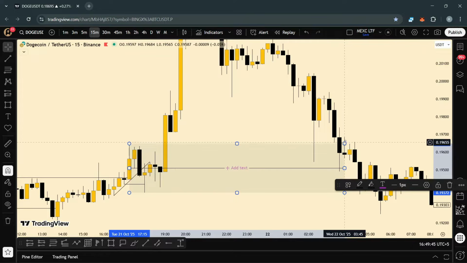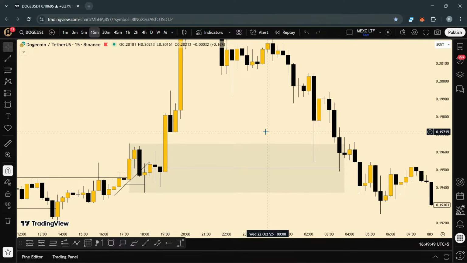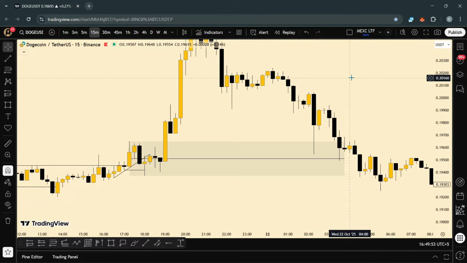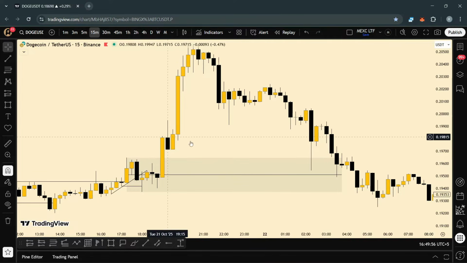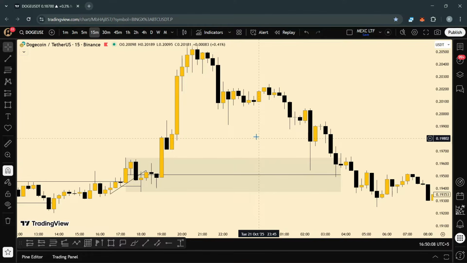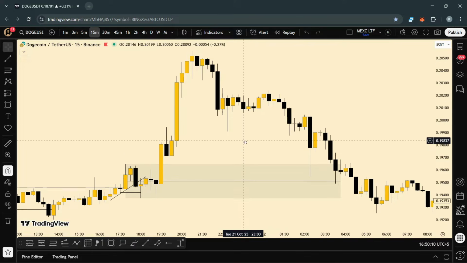Price taps, once it goes up, we get a new 1-to-1. I'm just doing it right in front of you guys, and I'm not cherry picking any trades. If I see one, I'll draw the zone so that you guys can see and understand the thought process behind my trading, and hopefully you guys can also replicate it.